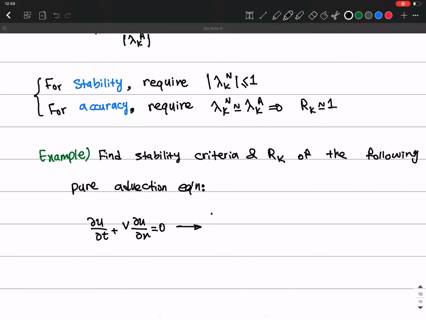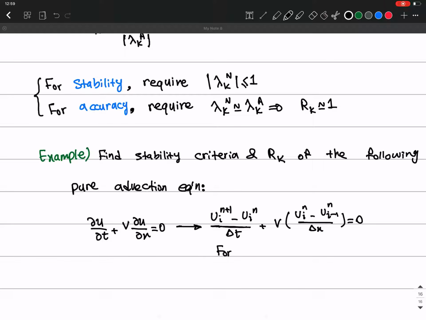And I want to do it with a forward in time approach, u_i^(n+1) minus u_i^n approximated with this over delta t, plus v, backward in space, (u_i^n minus u_(i-1)^n) over delta x, equals 0.